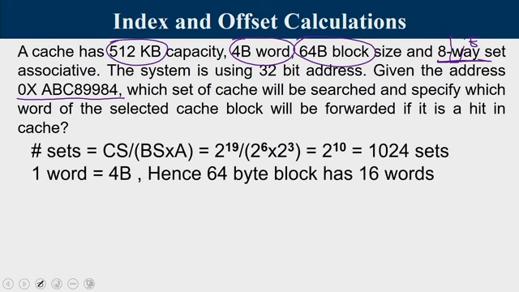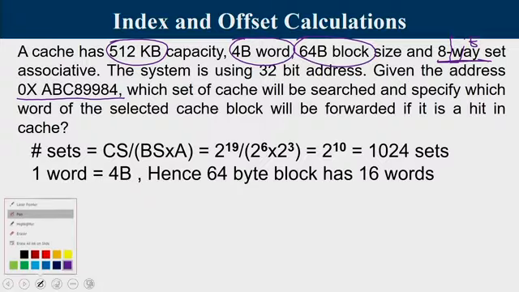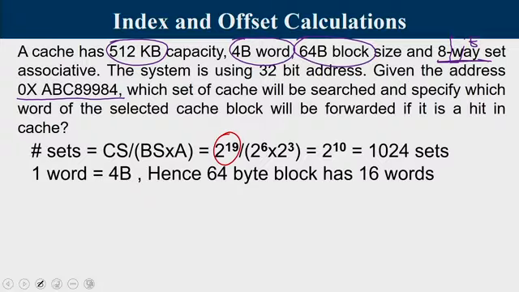The number of sets is cache size divided by block size into associativity. Here you have a cache of 512 kilobytes, that is 2 power 19, divided by block size, 64 bytes, that is 2 power 6, into associativity, 8 way, so 2 power 3. The answer is 2 power 10.